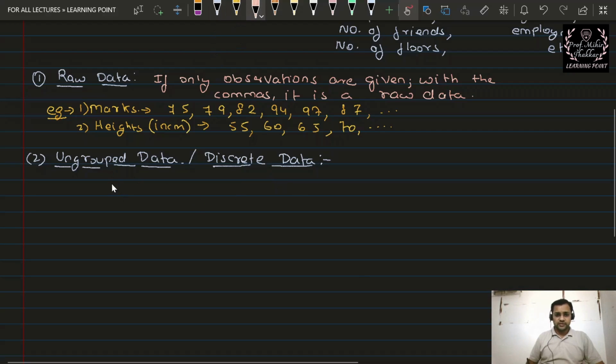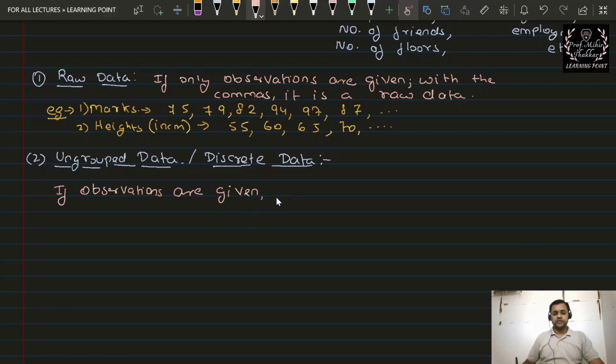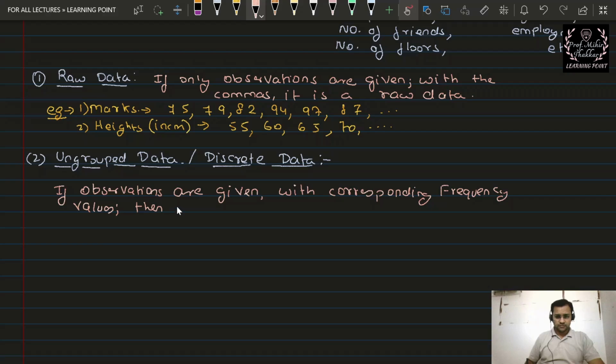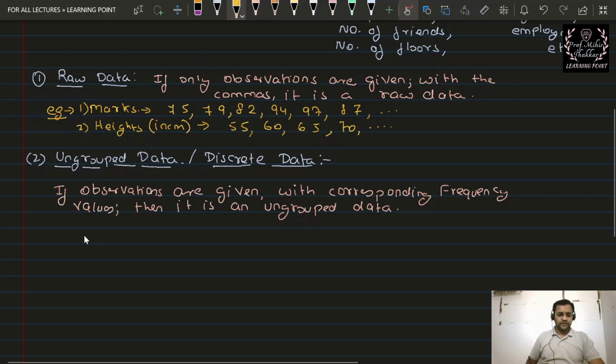Now what happens over here is that if observations are given with corresponding frequency values, then it is an ungrouped data.